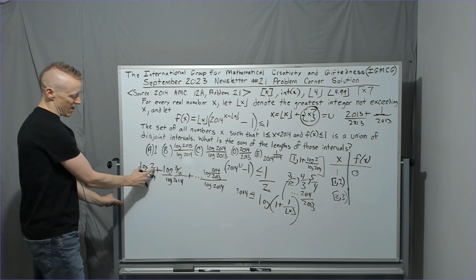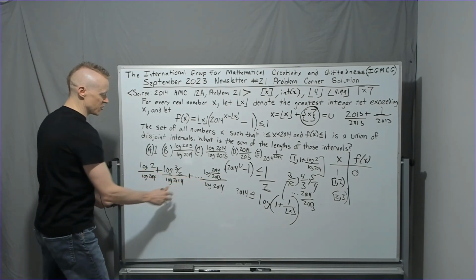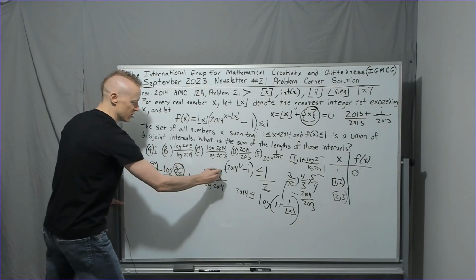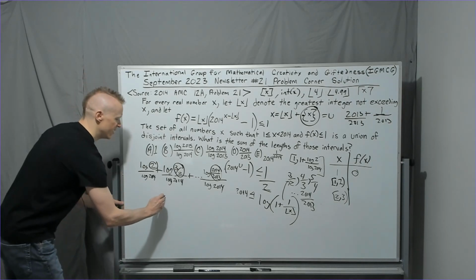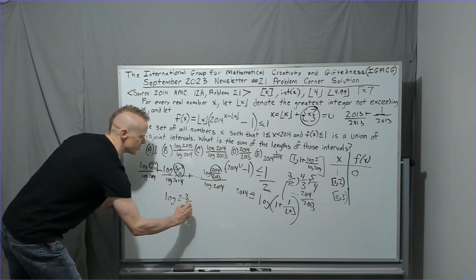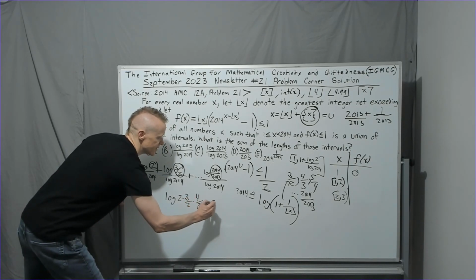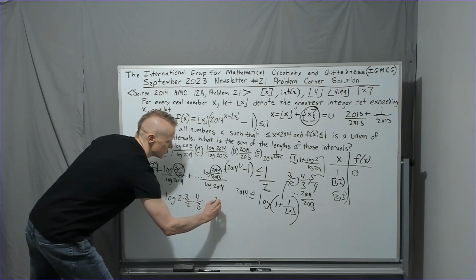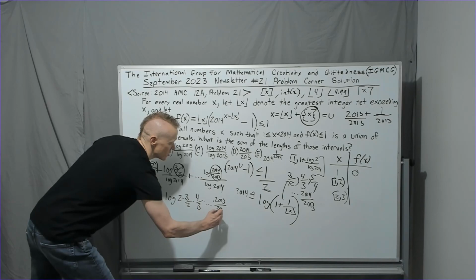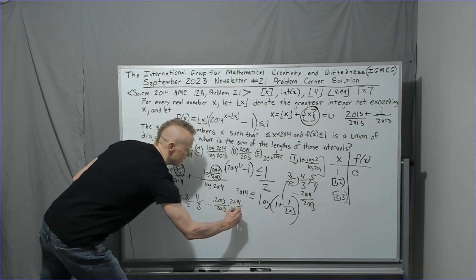And so by now, if you know your logarithms, you know all your rules, you've got the plus signs in between, that means that all of their inner parts are going to end up multiplying. So you're going to have a log of 2 times 3 over 2 times 4 over 3 times ... times 2013 over 2012 times 2014 over 2013.